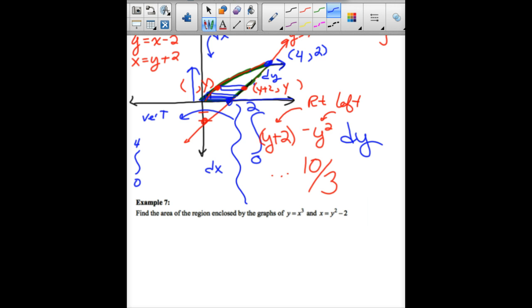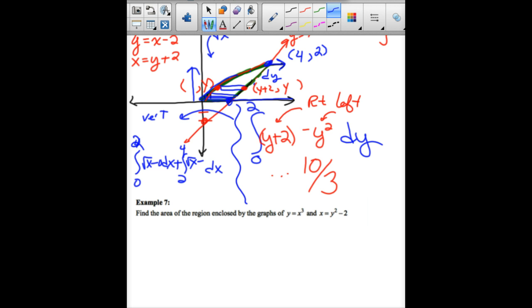It would have been a dx problem. I would have had an issue at 2. So at 2, what I would have had to do is stop, because the top function is root x, the bottom is 0, but then from 2 to 4, the top function is root x, and the bottom one is the line. What was it, x minus 2? I'd have to do a little split there.